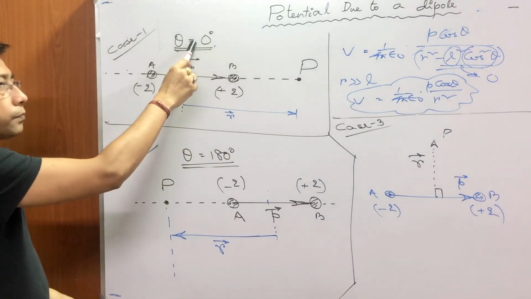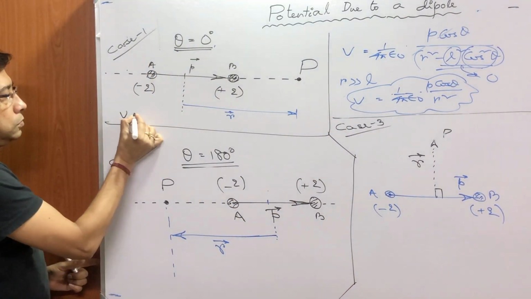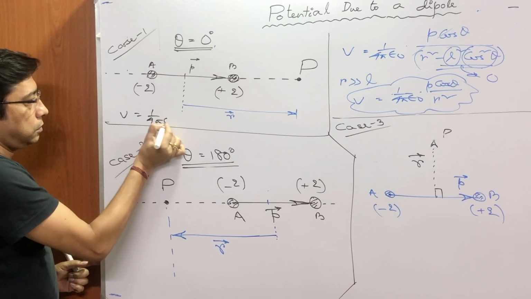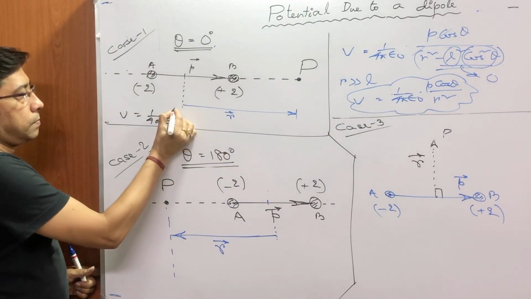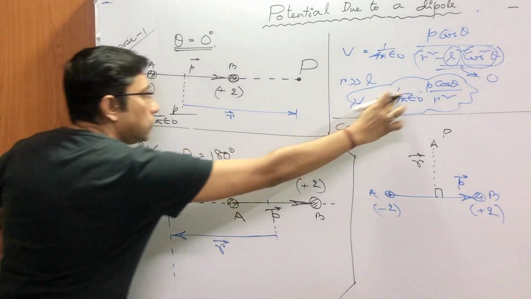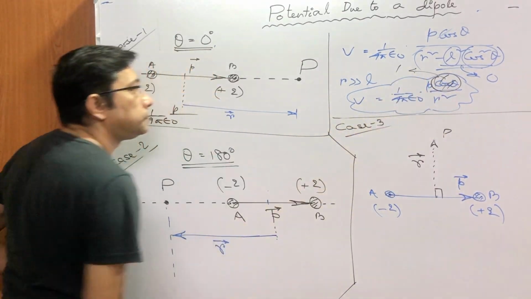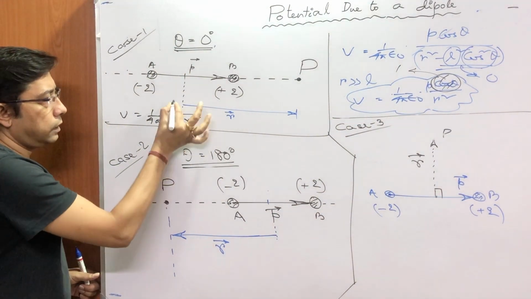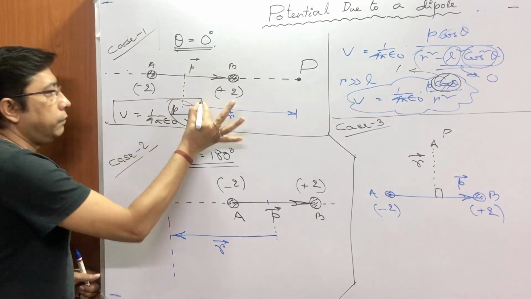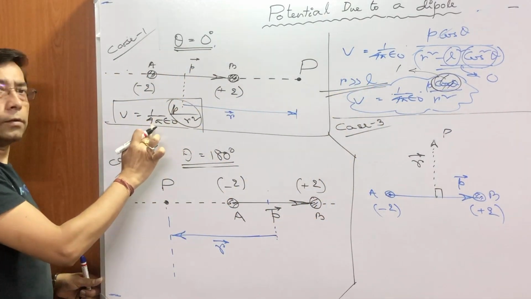Theta is 0, then this formula becomes V equals 1 by 4 pi epsilon naught, and cos 0 degree becomes 1, so P divided by r square. So this would be V. But in this case, this condition holds good again.